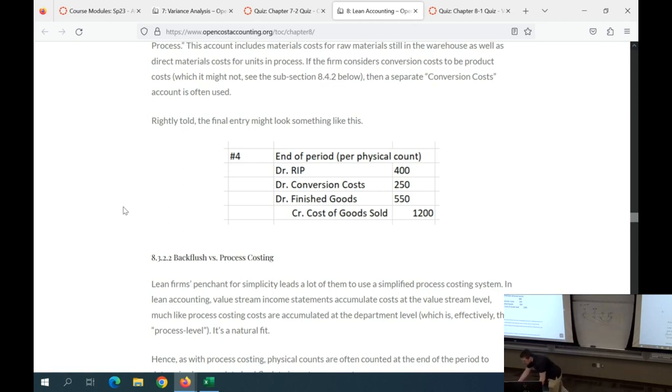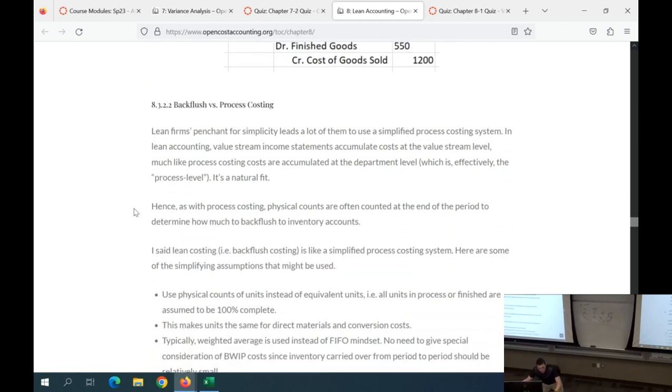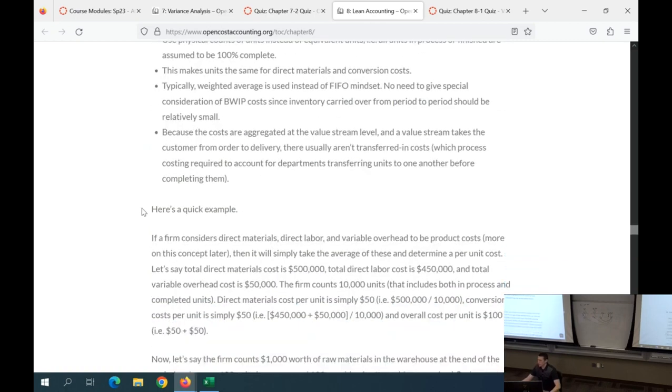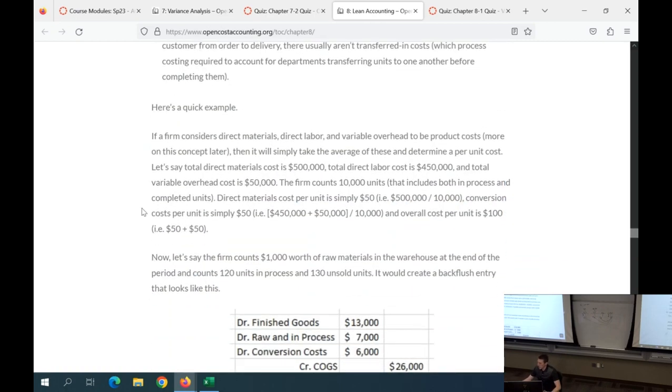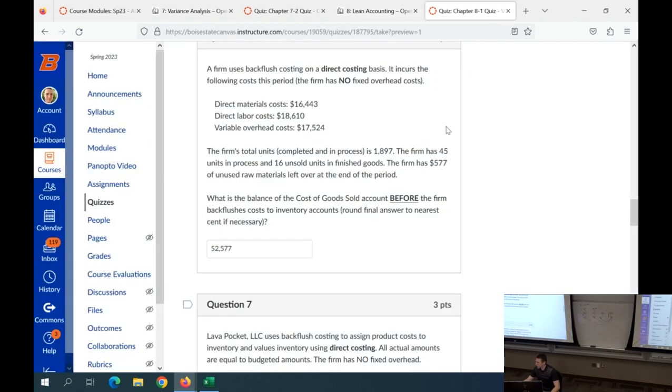Okay, let's talk about how to do this. The way to do this is to think about it very, very simply, and be very careful not to transfer over all the complications of process costing here. So for example, in this question, I would say, here's the denominator, here's the numerator, now I have a per unit product cost.